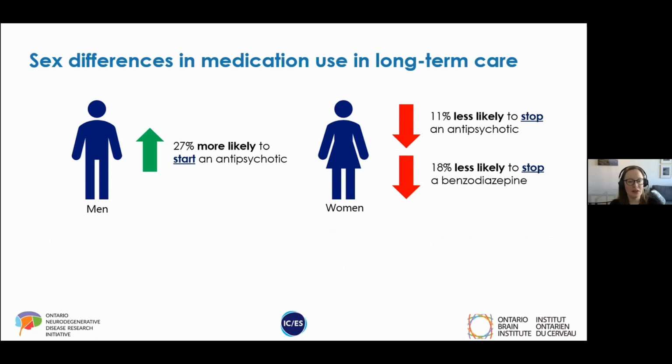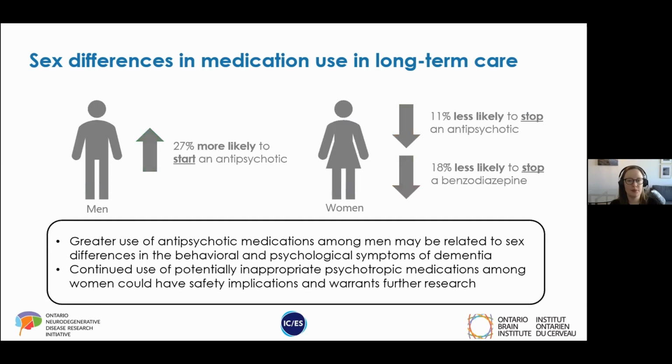So overall, women were less likely to experience discontinuation or stopping of these medications. These findings indicate that antipsychotics and benzodiazepines are being used differently to treat the symptoms of dementia in men and women. And as we know the use of these medications can be risky, it's important to further understand factors behind their use and to avoid their use where possible.